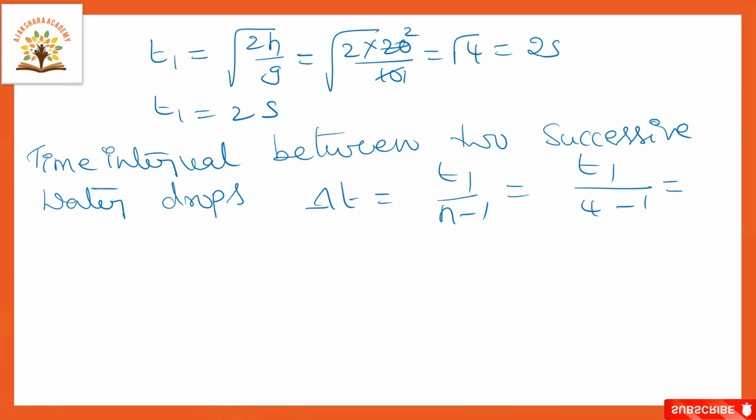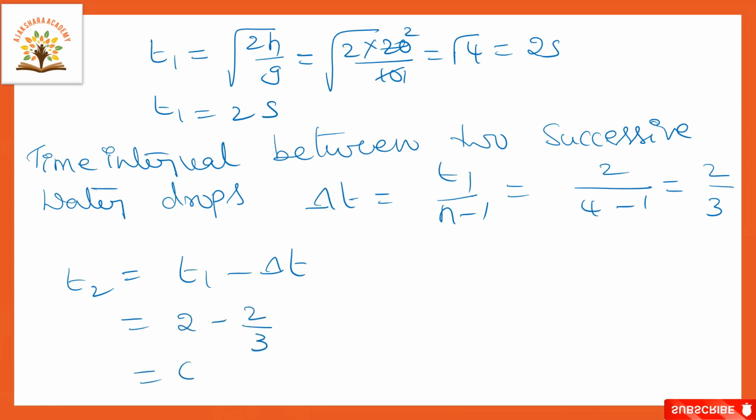So that is equal to t1 value 2 seconds, so substituting 2, 4 minus 1, 3. So delta t we are getting 2 by 3. So time taken by the second drop, t2 is equal to t1 minus delta t. So t1 is 2, delta t is 2 by 3, 6 minus 2 by 3 taking LCM. So we are getting t2 value 4 by 3.